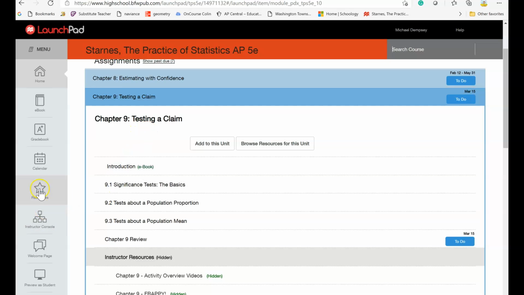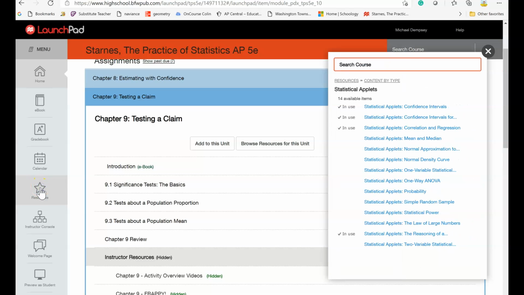So if you click on resources over here, the star to the left, and look for resources or content by type, it looks like it still has me in the place where I was before. So under resources, you might need to click on content by type first, and then select statistical applets.